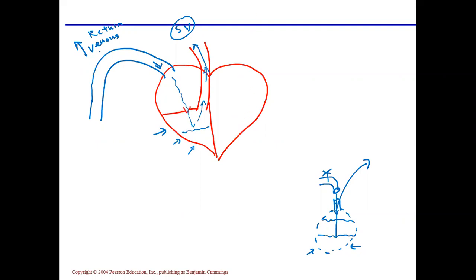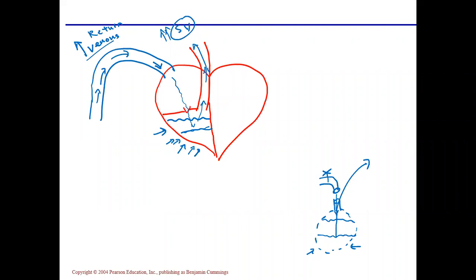So if venous return is higher, that means more blood is returning back. Instead of this much, now it's filling up this much. So when the heart contracts, more is going to come out, and the stroke volume is going to be higher in this case. At what type of event is venous return going to be higher?